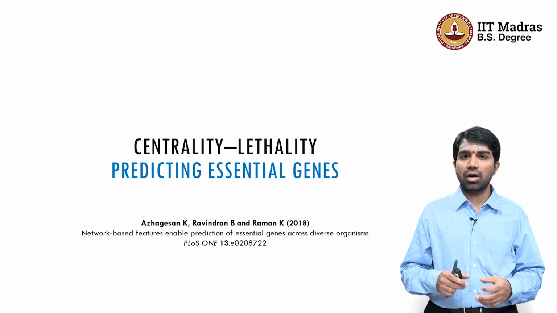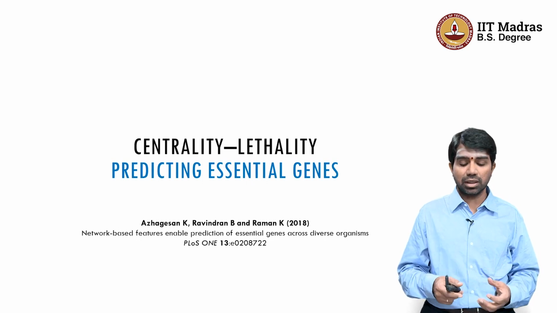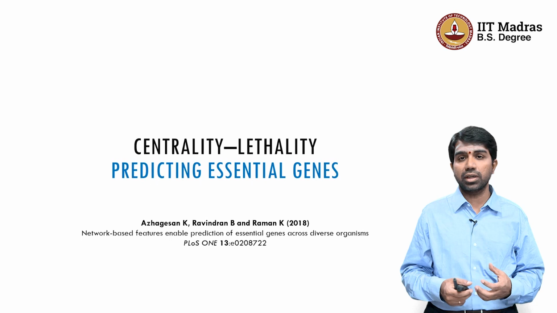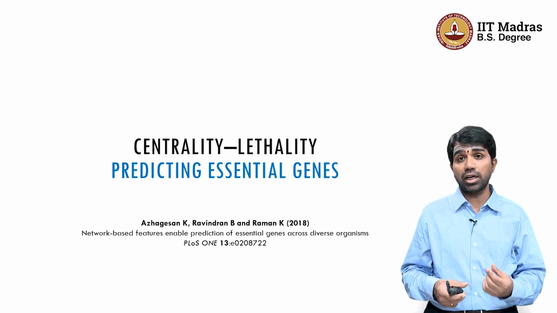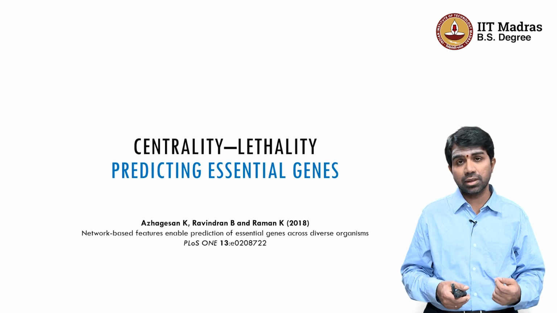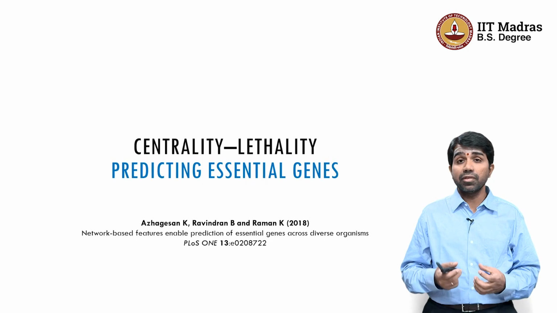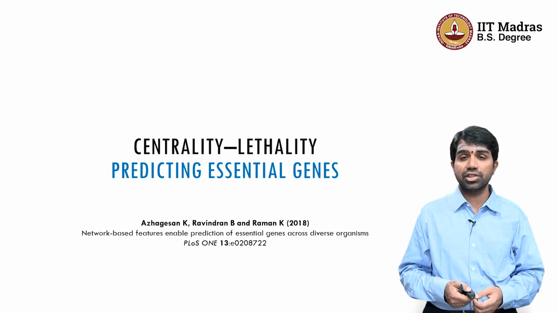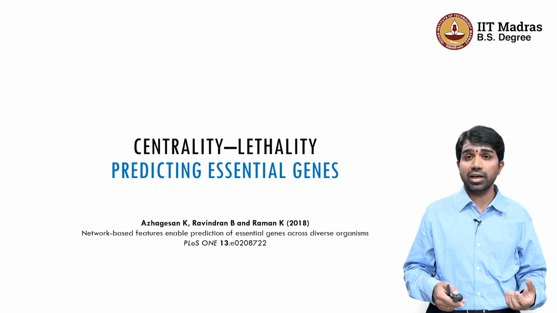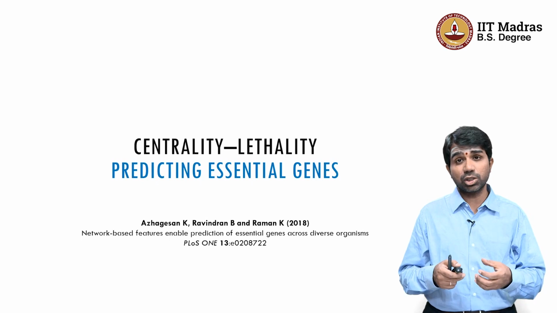So, our paper is called Revisiting the Centrality Lethality Hypothesis, where we try to identify some of these structural determinants of the network and how network structure and network position can actually influence the lethality of a particular gene in the network. But we extended that further here to actually go ahead and predict essential genes in a number of organisms for which this data is actually available.